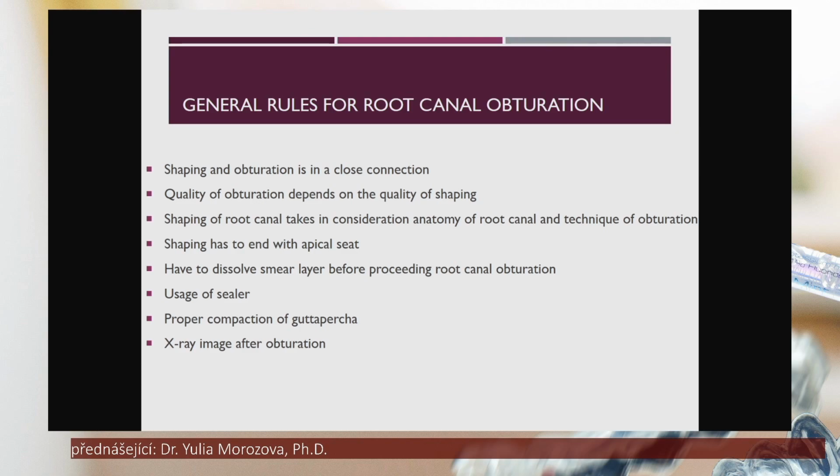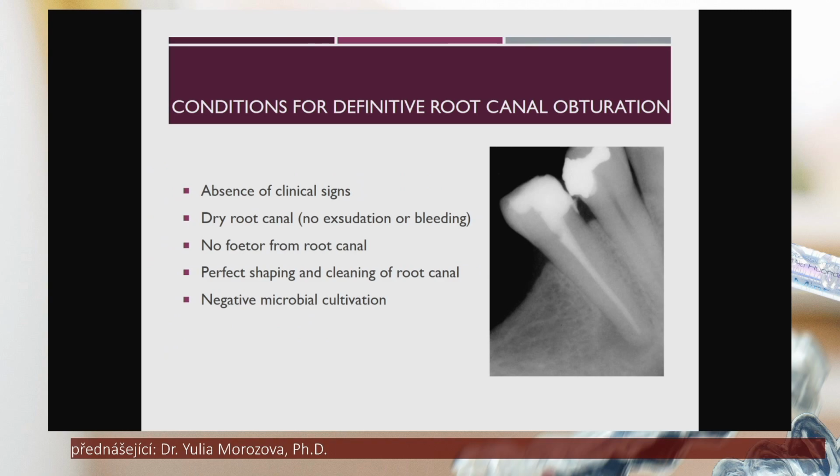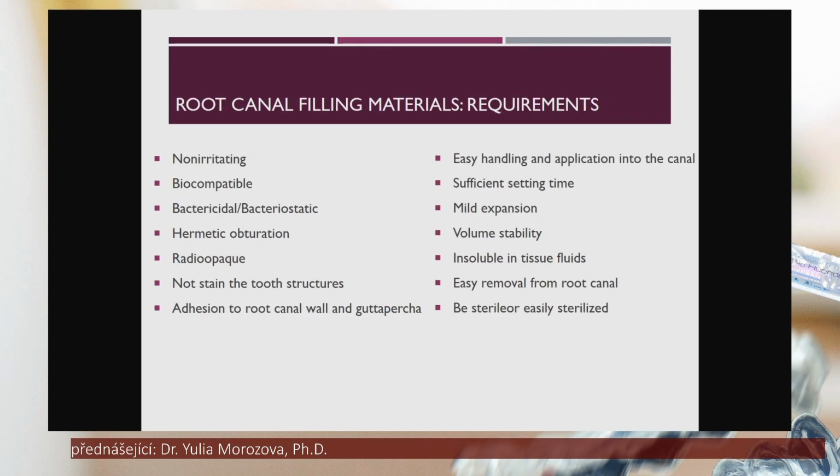And on this X-ray image, we will evaluate the length of the root canal filling, we evaluate its homogeneity, and we evaluate, for example, the obturation of ramifications. So here we can see the list of requirements for the root canal filling materials.